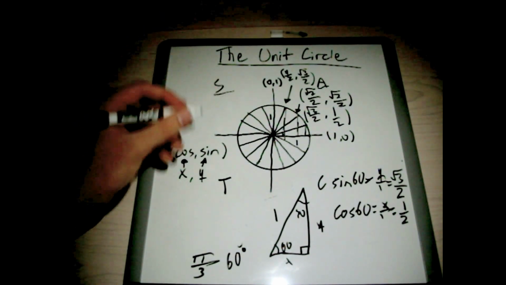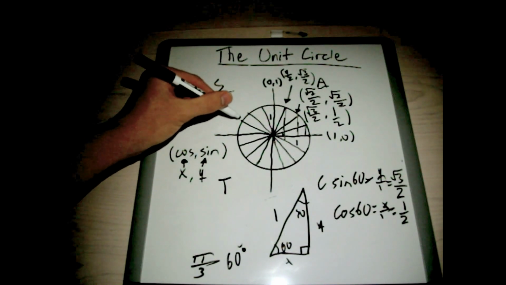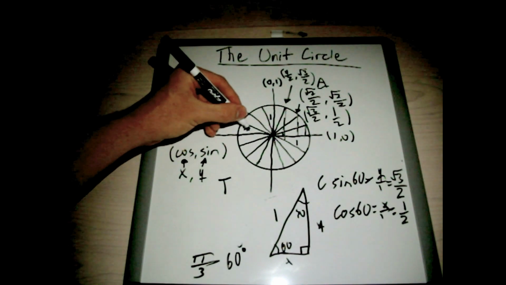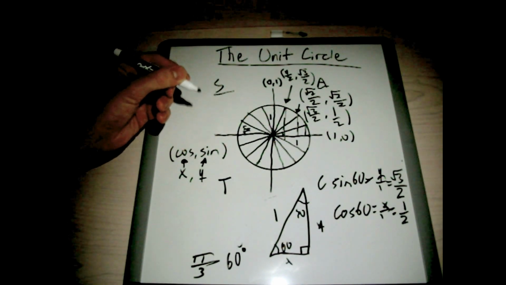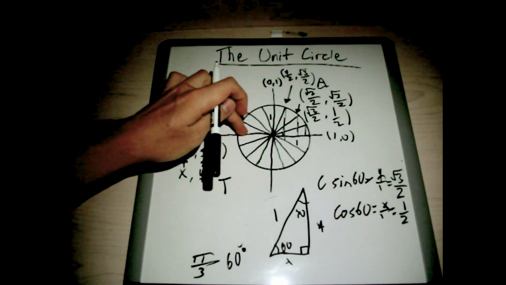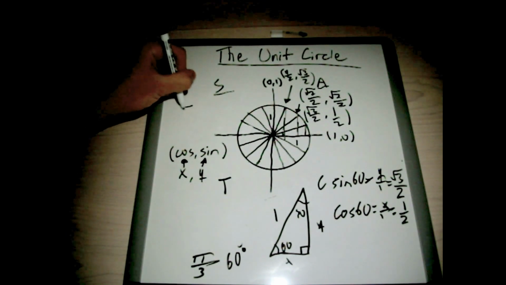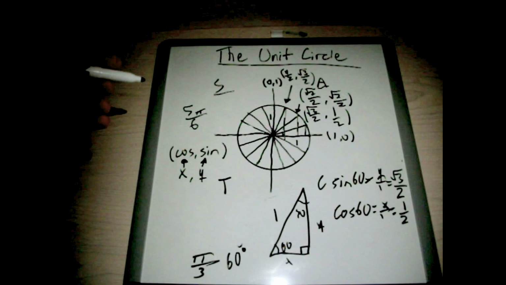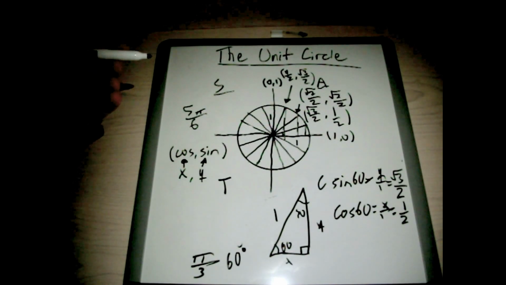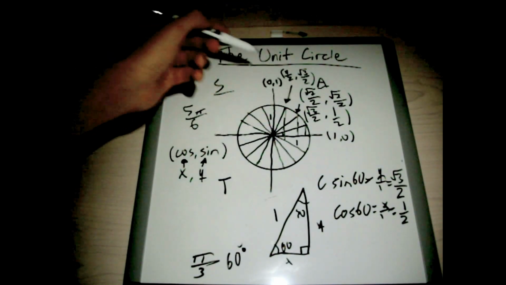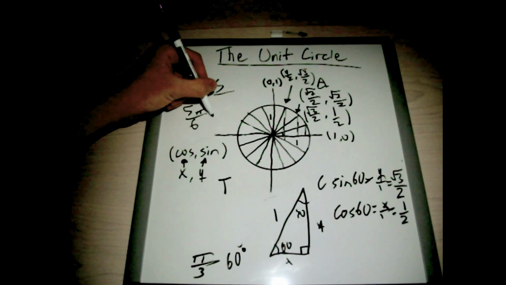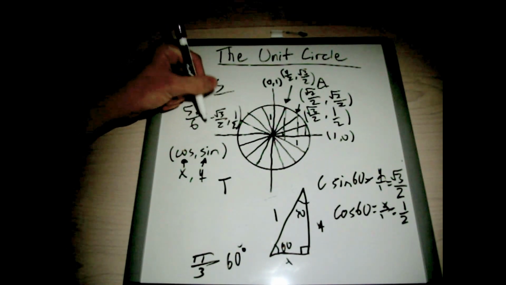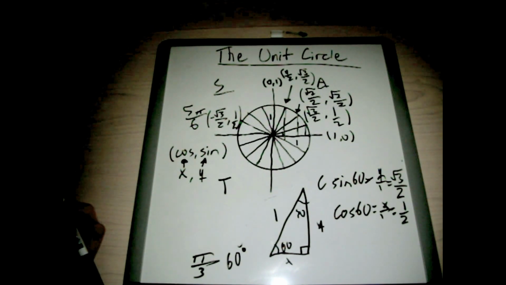So for example, if you were to look at this one, it's going to be 5 pi over 6. So all that means is that instead of positive square root of 3 over 2, you're going to get negative square root of 3 over 2. But the 1/2 is still going to be positive.